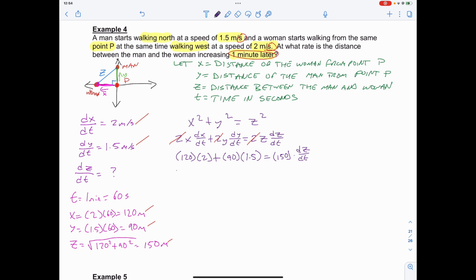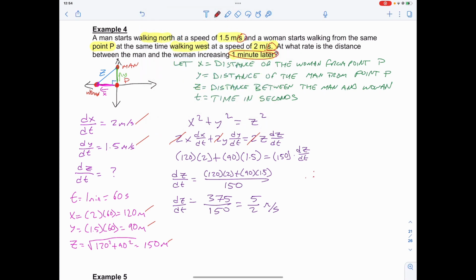So dz over dt is going to be the same as 120 times 2 plus 90 times 1.5, all divided by 150. This is going to give me 375 over 150. And when I simplify that, I'm going to get 5 over 2 meters per second.